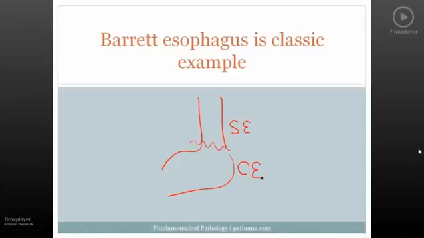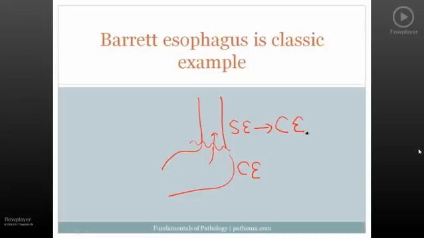If acid refluxes from the stomach up into the lower esophagus, then the reflux of acid into the lower esophagus results in a change in stress in that lower portion of the esophagus. And that change in stress, i.e. the presence of acid within the lower portion of the esophagus, will result in the lower portion of the esophagus going from squamous epithelium to a columnar, non-ciliated, mucinous type of epithelium.